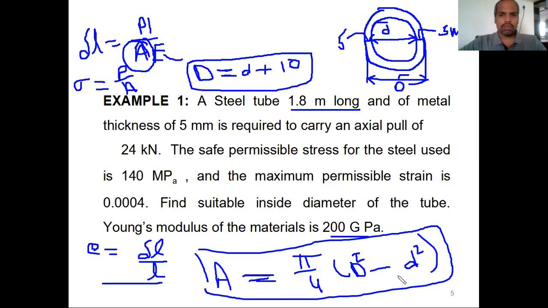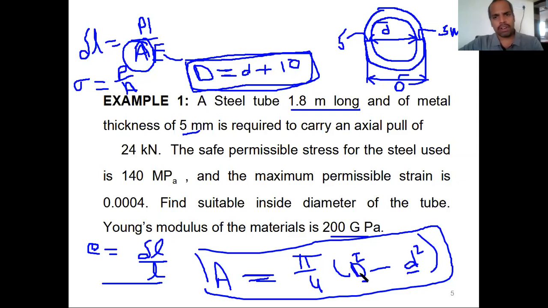Because both are unknowns, he has given nothing, neither capital D nor small d. So what we have to do is form an equation, a relationship between external diameter and internal diameter. As the thickness is given, we have formed capital D is equal to small d plus 10.